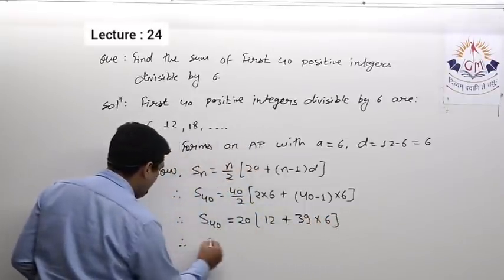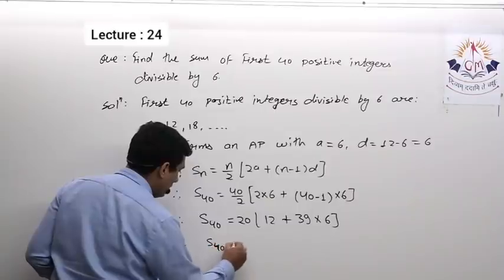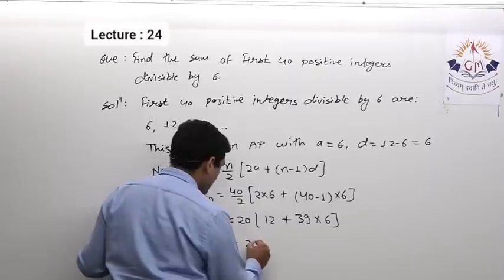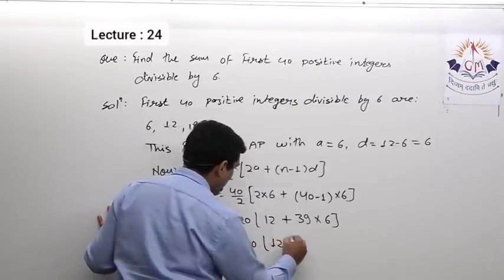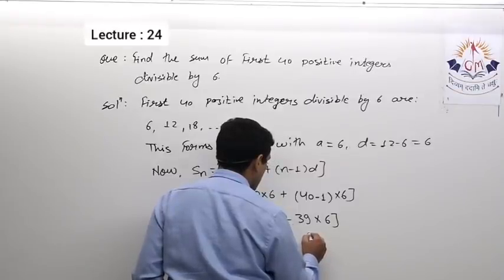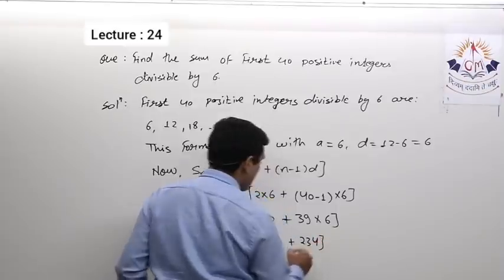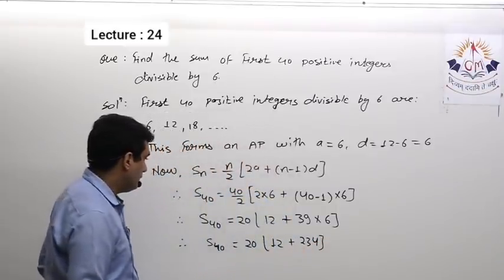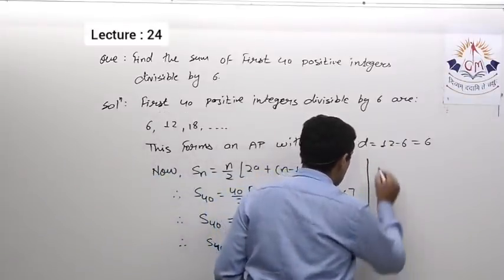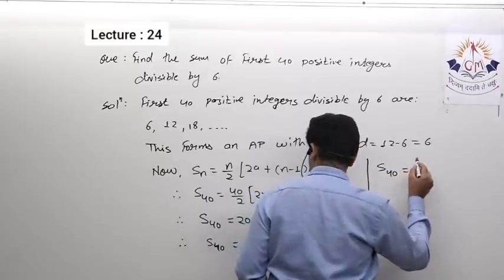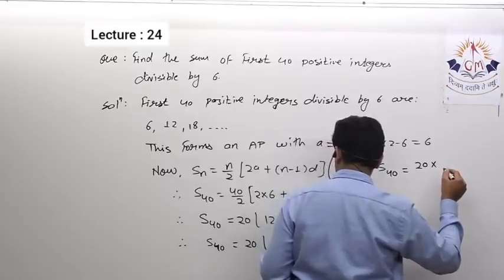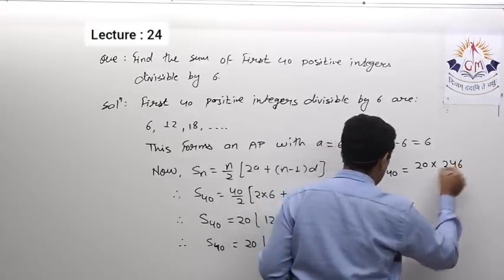Okay, so when we simplify this, we'll get the sum of the first 40 positive integers which are divisible by 6. So 20 into 12 plus 234. Finally my answer is S40 is equal to 20 multiplied by 246.